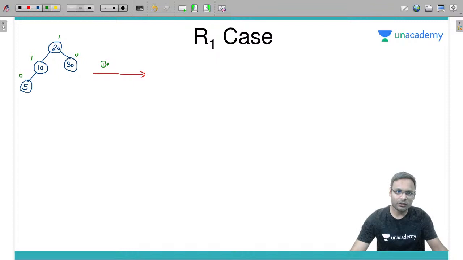Let's delete a node which is 30. If you have deleted the node 30, the tree becomes like this: 20, left side 10 and left side 5. This tree now becomes imbalanced. Why? Just because balance factor at 20 is equal to 2.